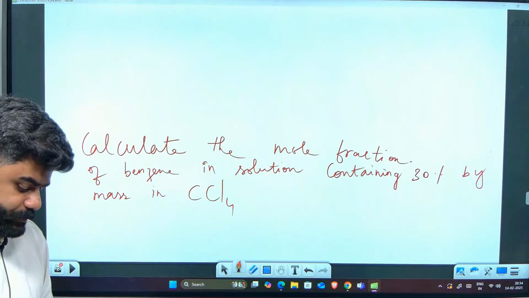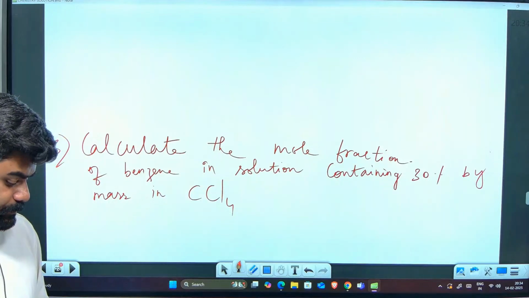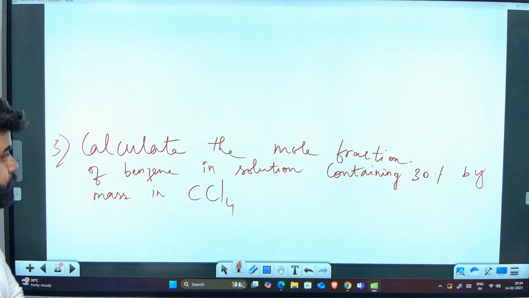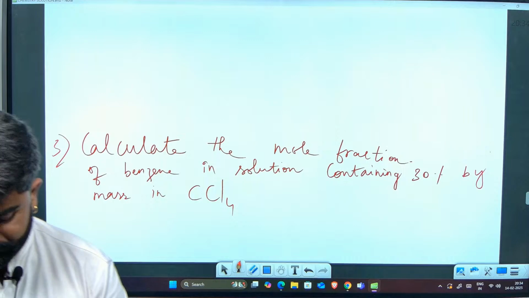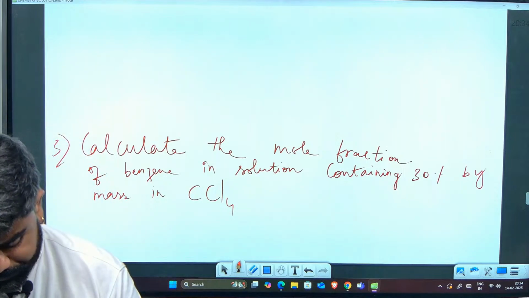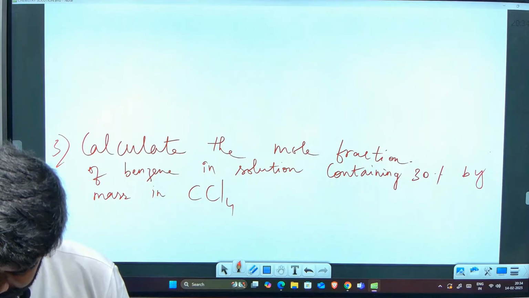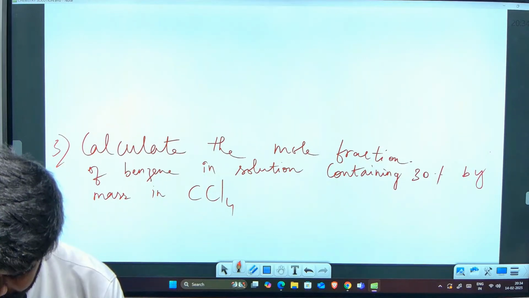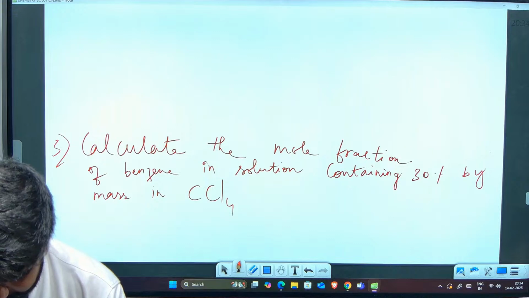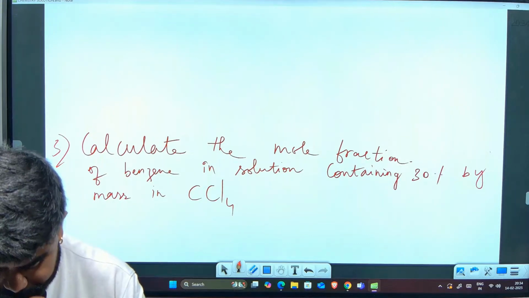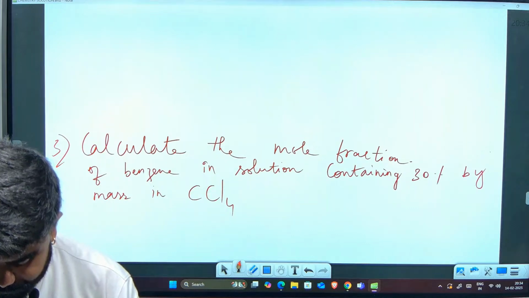What is the mass of Cl? It is 35.5 for Cl.